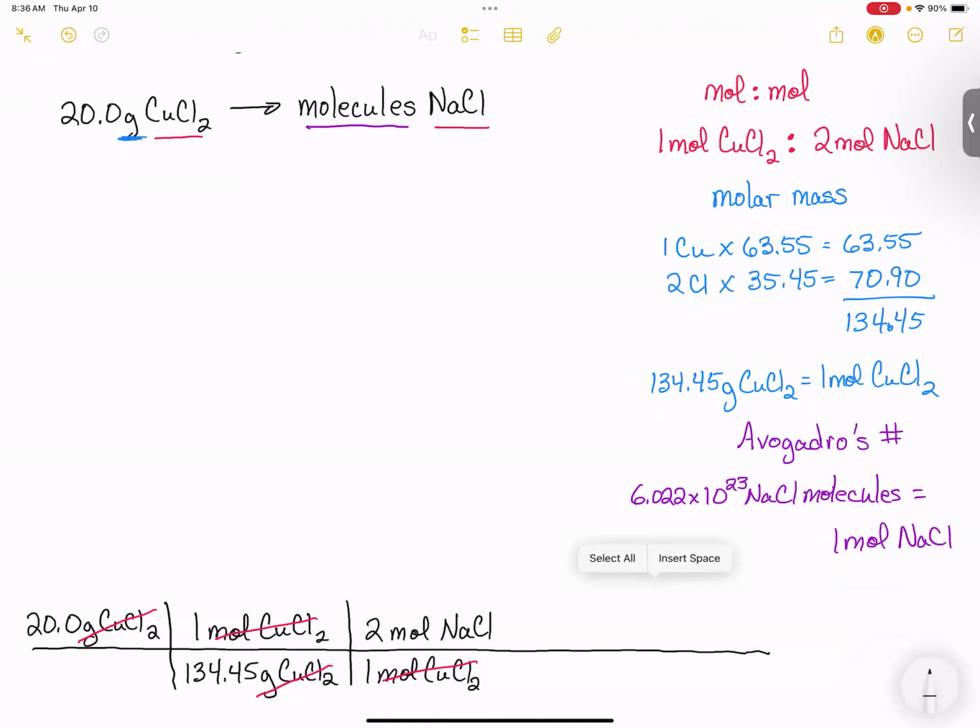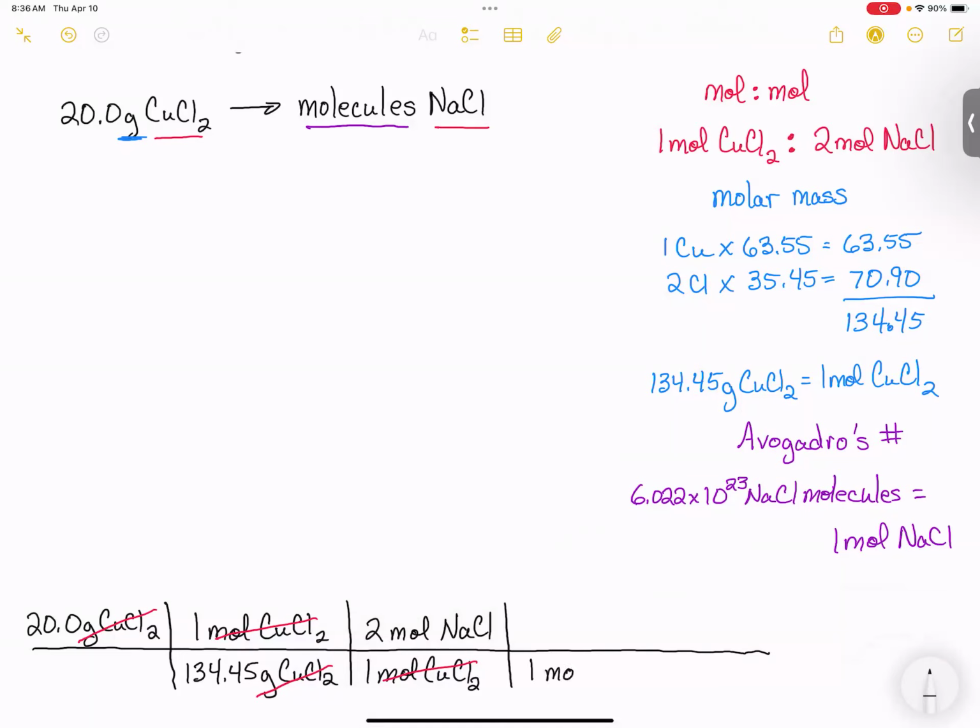Now I've got it into the substance that it requested. I just got to get it into the unit that it requested. So therefore, I'm going to convert this moles of NaCl into molecules of NaCl, and I'm going to do so using Avogadro's number.